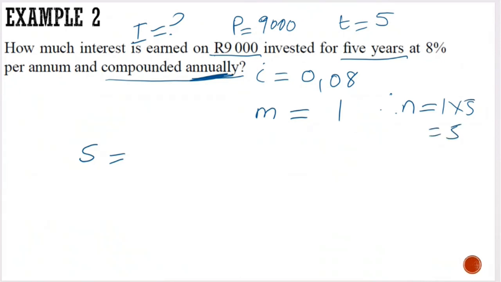So your S is equal to P into 1 plus I over M, to the power MT or N. And the answer then is going to be 13,223.93.